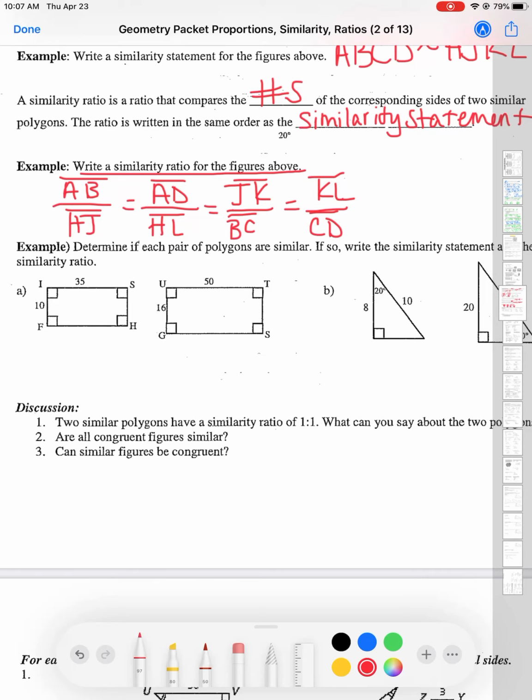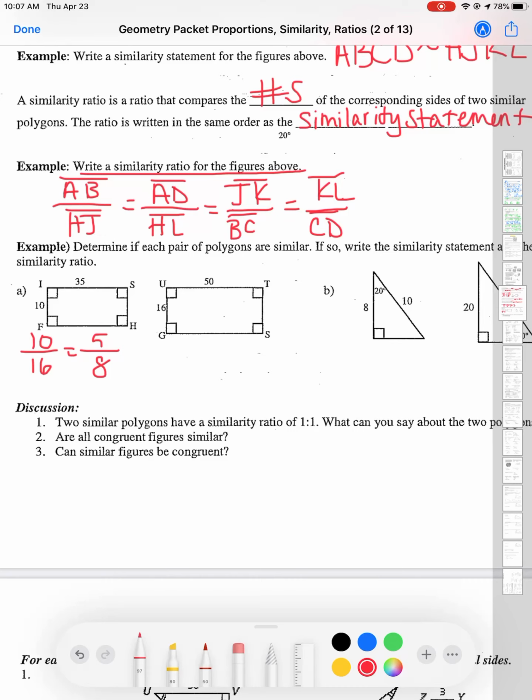So we go 10 over 16. And 10 over 16 is 5 over 8, I believe.